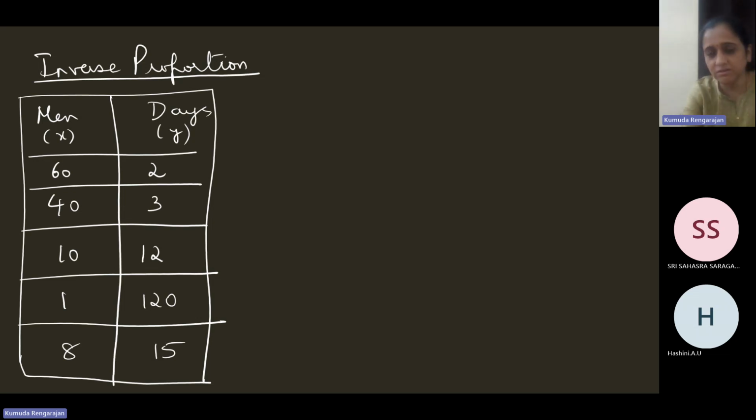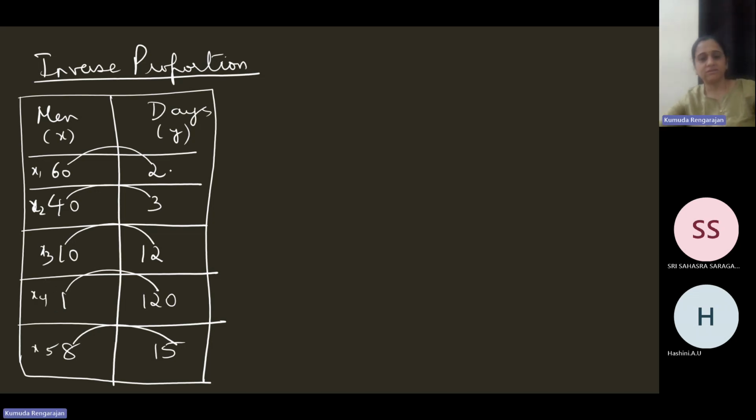Now what you will see here is the product XY is a constant. 60 into 2, 120. 40 into 3, 120. 10 into 12, 120. 1 into 120, 120. 8 into 15, 120. So the x values are x1, x2, x3, x4, x5, and the y values are y1, y2, y3, y4, y5.